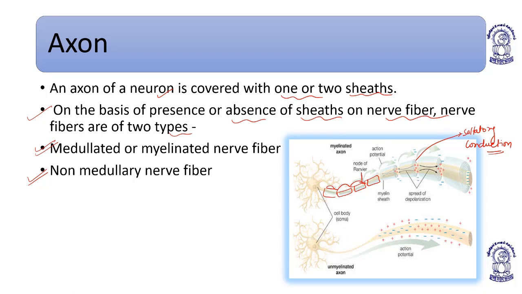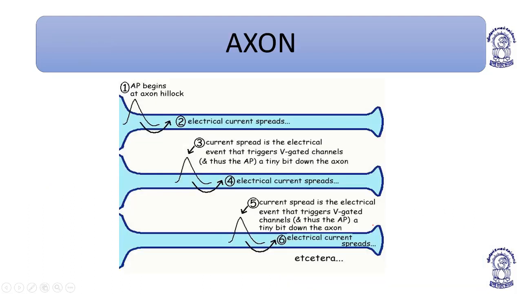But in non-myelinated nerves, there is no myelin sheath. This is an unmyelinated axon. Is it clear? The action potential begins at the axon hillock. It moves in this direction, unidirectional.